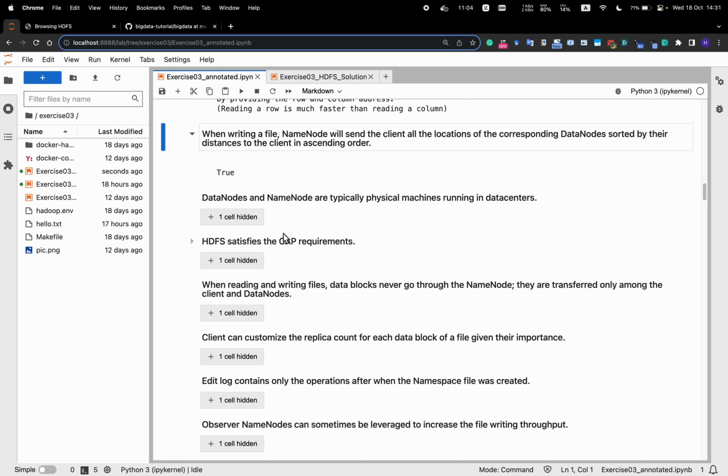They are processes on a physical machine. Right. So one data node and one name node don't necessarily correspond to individual machines, because they are processes and thereby can be on the same machine. That's true.